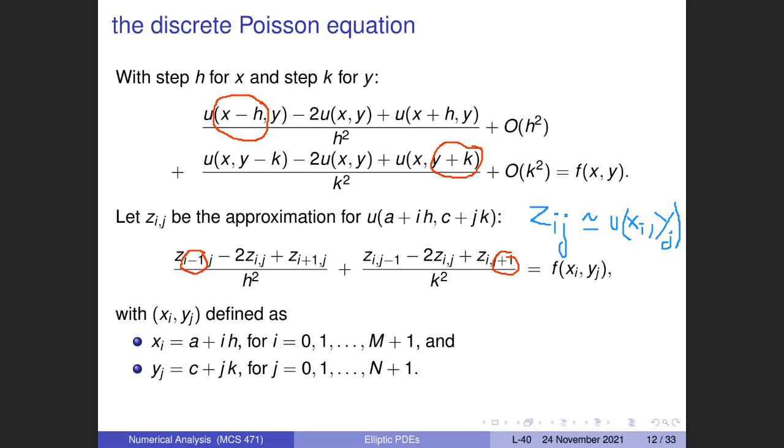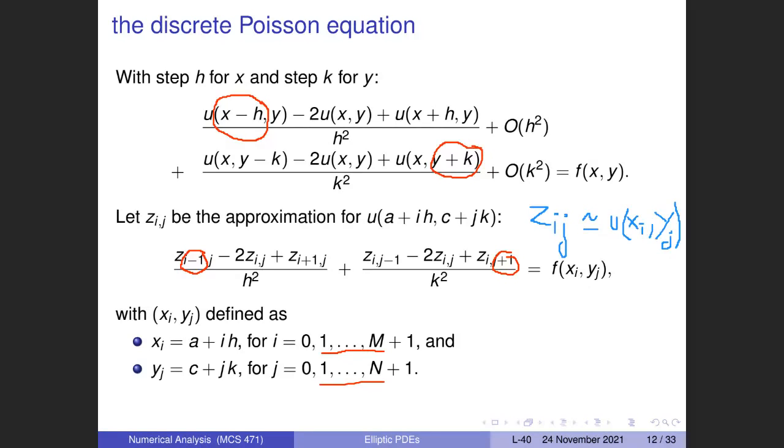The points x_i and y_j are defined. You can see here that we have m internal points in the x direction and n internal points in the vertical direction, so the total number of points is m times n.